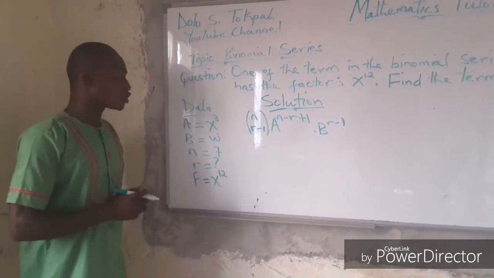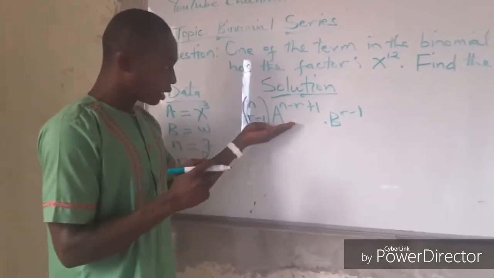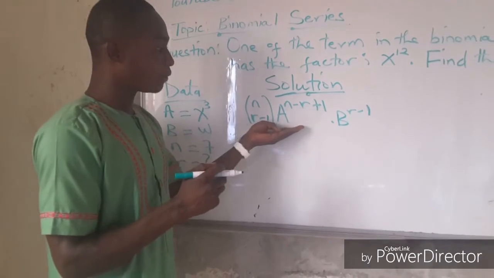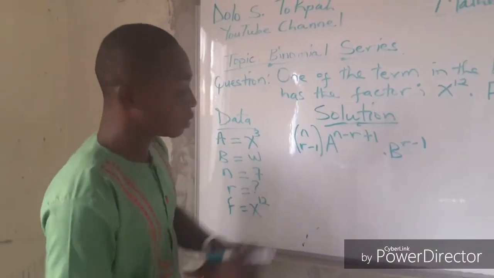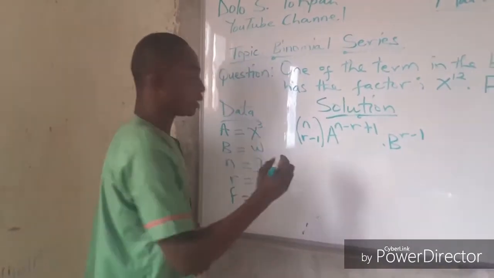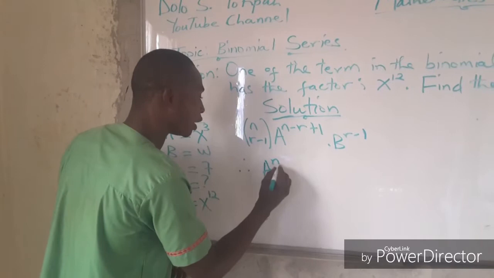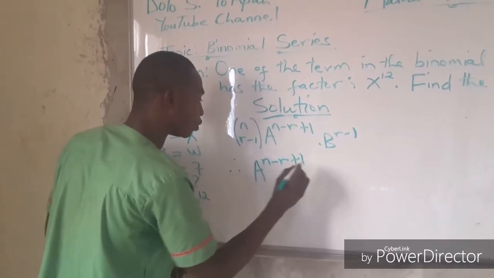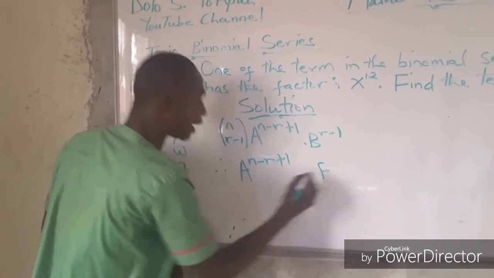So to solve this problem, we are only going to focus on the values of a in this formula, the idea that has been borrowed from summation notation, and then it must be equal to the factor. What do I mean? Finally, we say a raised to the n minus r plus 1 power must be equal to the factor.